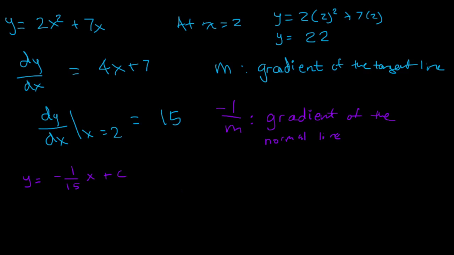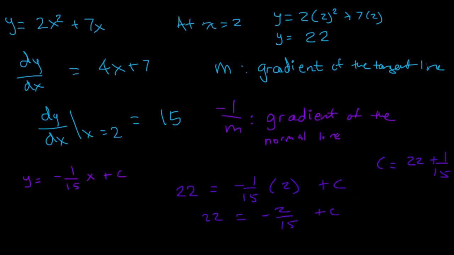So we know that 22 equals negative 1 over 15 times 2 plus c. So 22 equals negative 2 over 15 plus c. So now we know that c equals 22 plus 2 over 15.